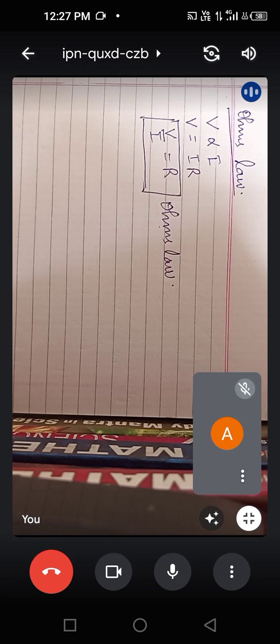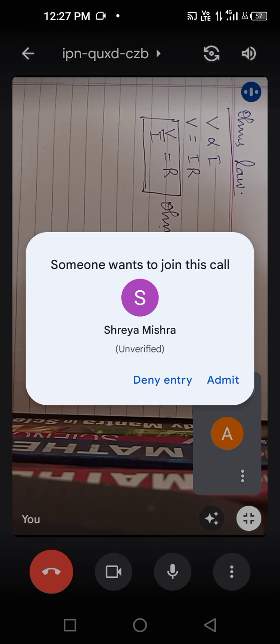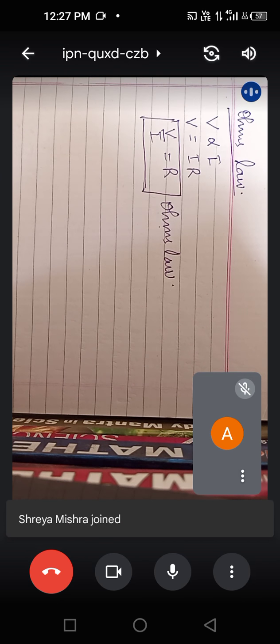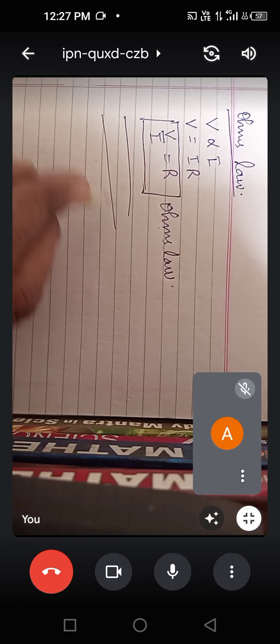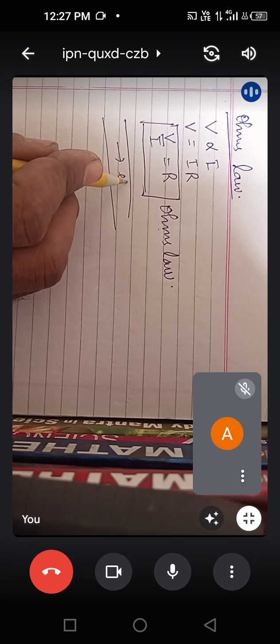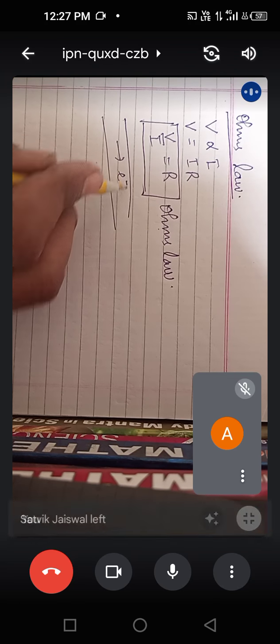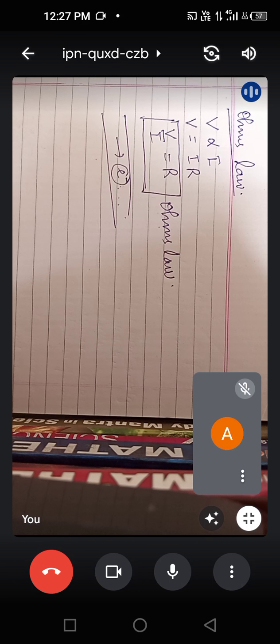Current I is flowing because of Q, the charge. When there is a wire, electrons flow, and when electrons are flowing, the molecules of the material medium offer resistance in the path of the flow of this current.